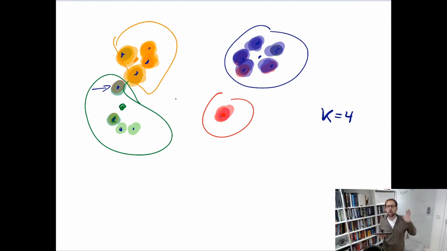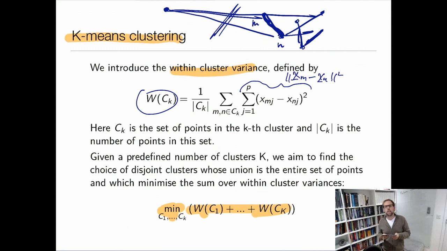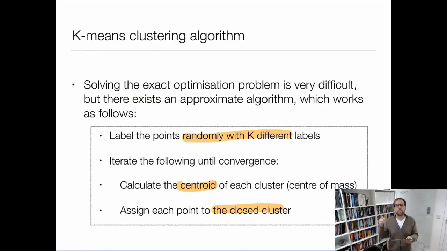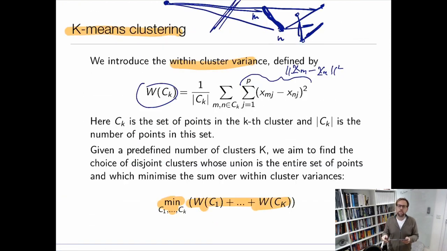So this is exactly how k-means clustering works, and it's an approximate algorithm, but you can actually show, and I do not want to do the exact math, but there's a little explanation in the Introduction to Statistical Learning textbook, how each step of this iteration effectively reduces the within cluster variation.